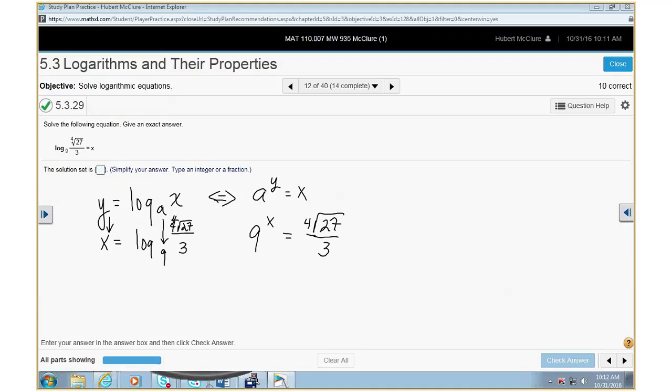That's right, class. Or 3 to the second. And then this is fourth root, so that's 27, exponent over index.